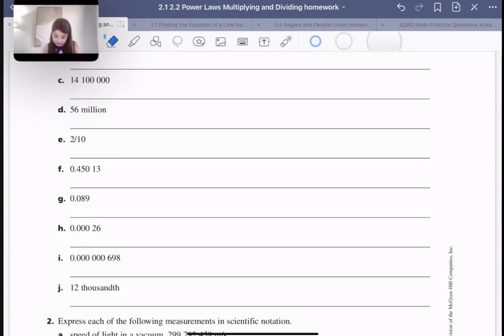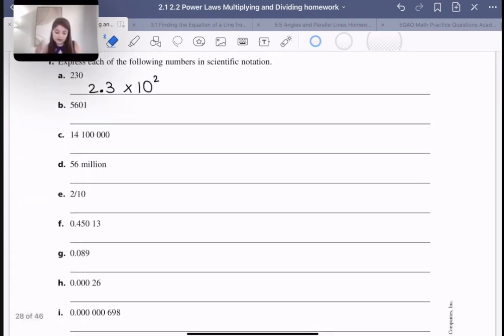A lot of these numbers, the really big numbers and the really small numbers, it is useful to do that in general terms. However, with some of these smaller numbers, we're just finding the scientific notation because that's what the question's asking, and it helps us practice to understand it. It's not that I would want 230 from now on to be expressed in scientific notation. No, not at all.